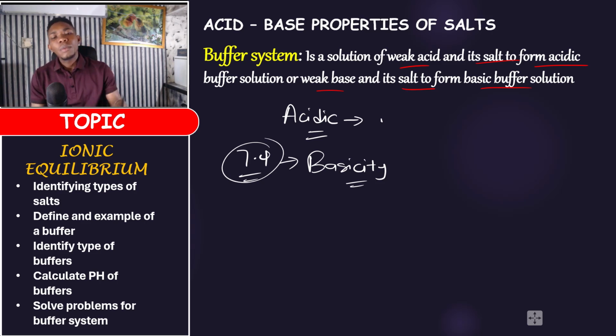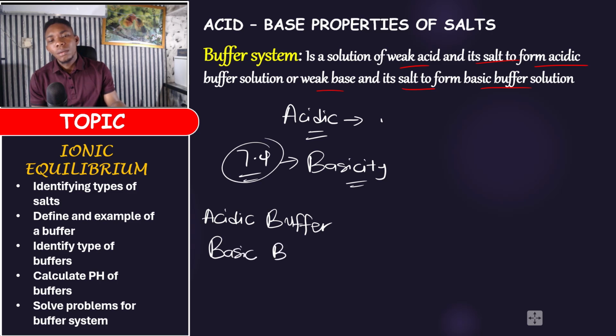Now, there are two types of buffer based on the composition, based on the definition we've given here. We have the acidic buffer and we have the basic buffer. They resist a change in pH.